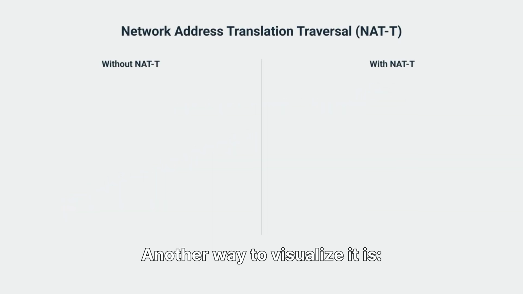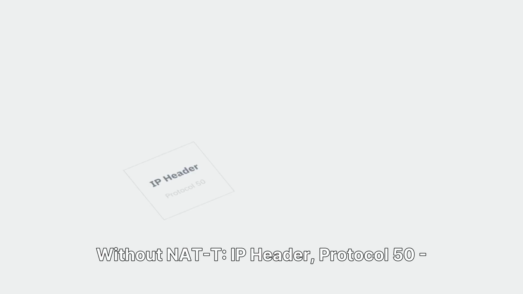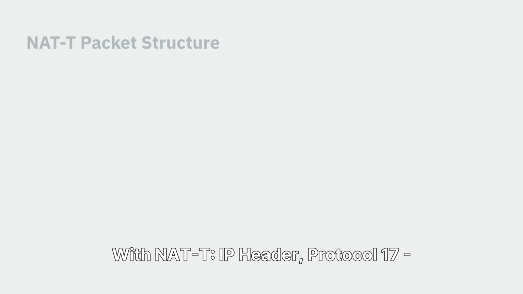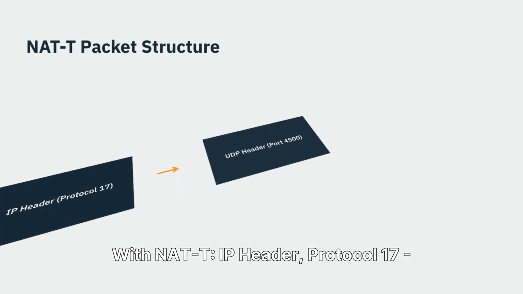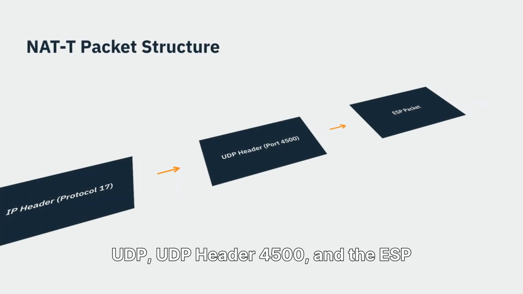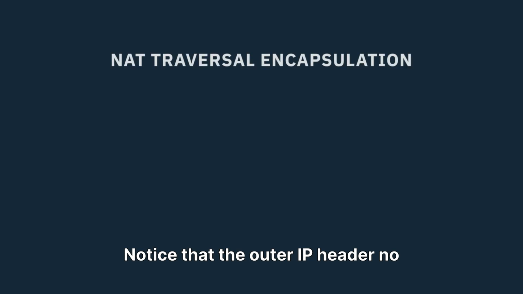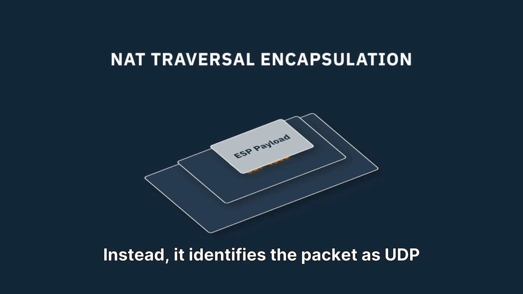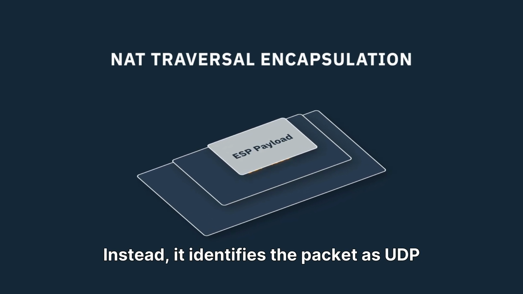Another way to visualize it is, without NAT-T: IP header, Protocol 50, ESP, and the ESP packet. With NAT-T: IP header, Protocol 17, UDP, UDP header 4500, and the ESP packet. Notice that the outer IP header no longer identifies the packet as ESP. Instead, it identifies the packet as UDP traffic.